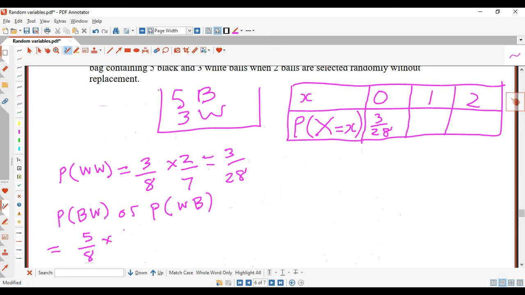There's 3 whites, there's 1 less, so that's 3/7. And "or" is plus. Choosing white first would be 3/8, and then choosing black second would be 5/7. Now, what does that work out to be? If you put that into your calculator, you should get 15/28.